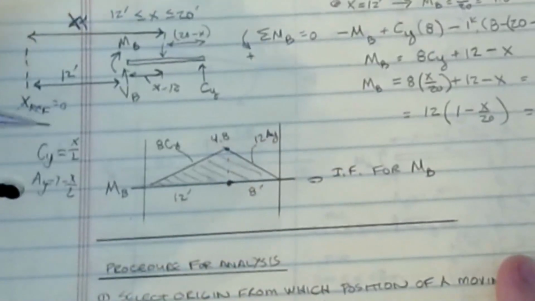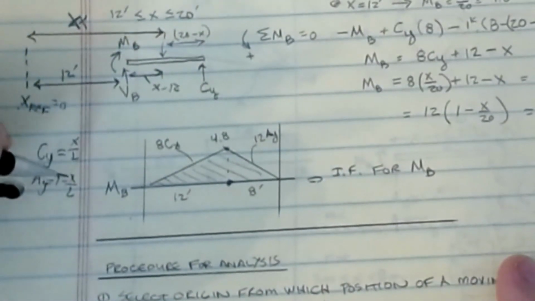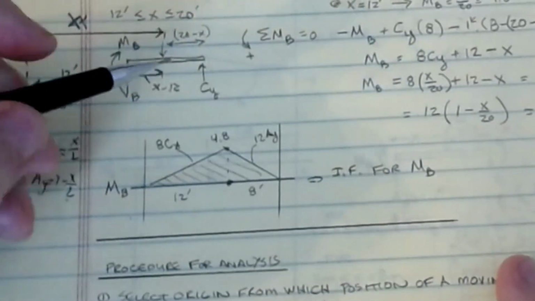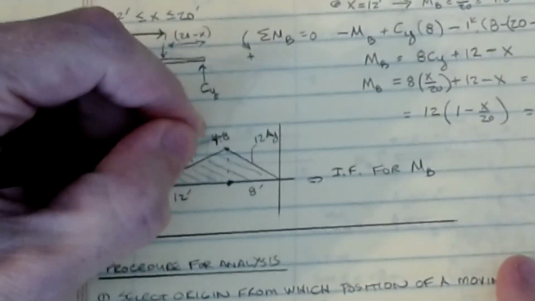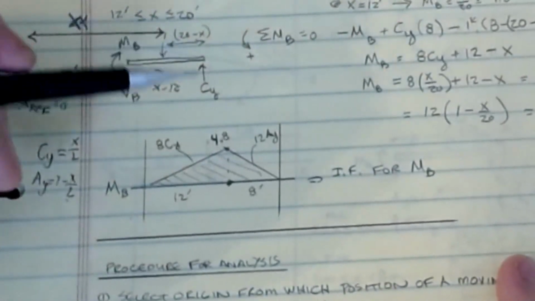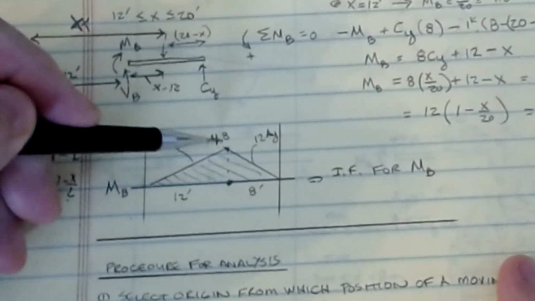So if we're looking at a position of 12, then I would plug in x for 12 and L of 20, and my value would then be 12 times that 0.4 value. Okay, and that gets me the 4.8 coefficient. So that means that whenever the point load is located directly at B, the moment felt at that value is 4.8.